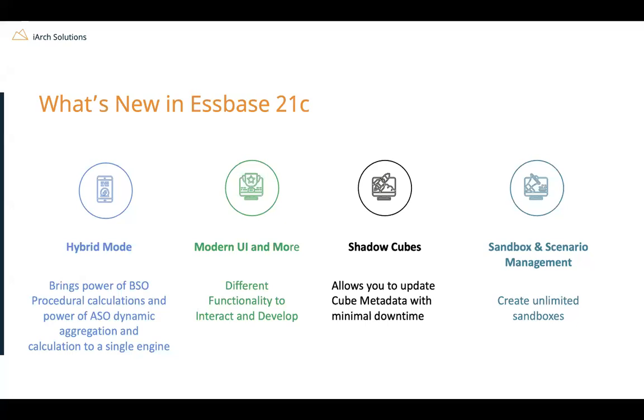In some cases, a significant downtime, preventing people from doing their actual work. So the shadow cube lets you create a copy, do your edits, and then promote it back in place with a very short window and limited downtime. So it's really good, and it's now embedded in the product, so you don't have to have a custom solution on the side.